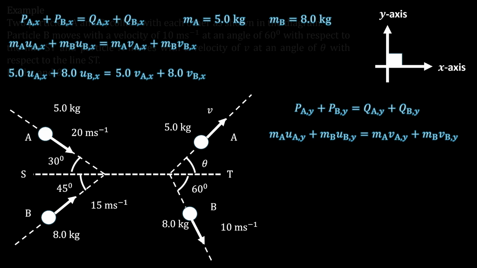And if we substitute the values of MA and MB, we have 5.0 UAY plus 8.0 UBY is equal to 5.0 VAY plus 8.0 VBY.